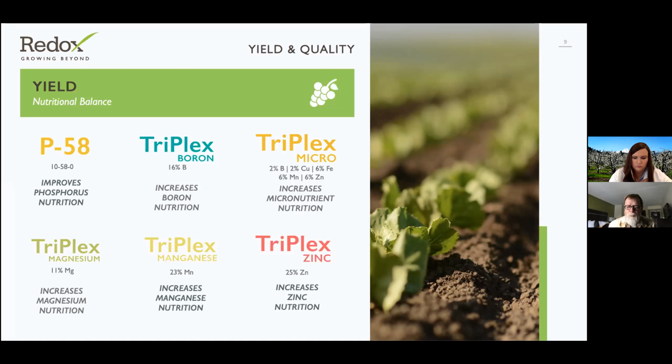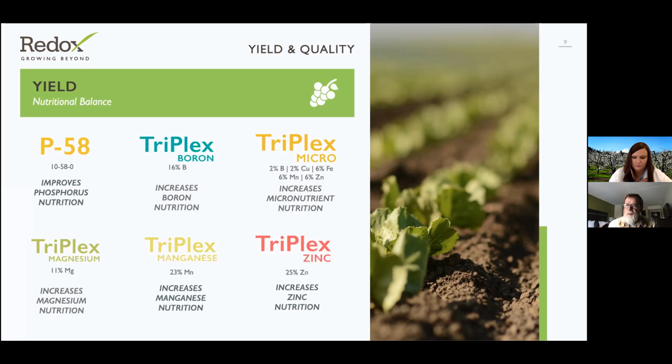One product that's overlooked a lot, and we've been gaining a lot of energy back with, is P58. Now, P58 is a 10-58-0, but the improvement in phosphorus nutrition throughout the growing season is just tremendous. So when you look at calcium nutrition, potassium nutrition, nitrogen nutrition, you can see that during the growth cycles, there are curves and waves as these nutrient demands are made by the plant.